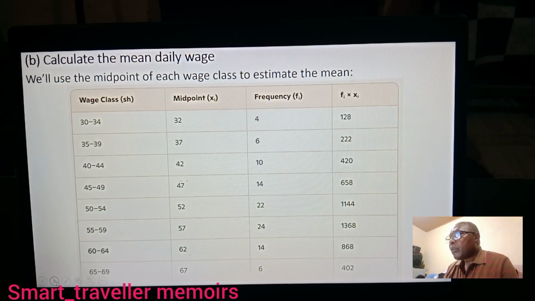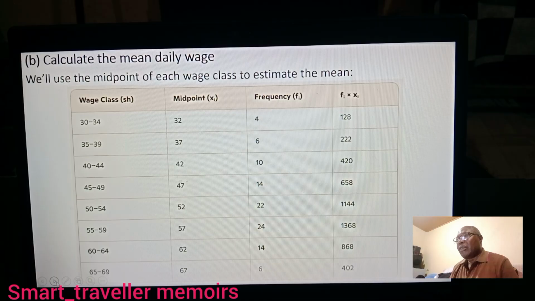So, as you can see there, the wage classes are the classes given in the question. The midpoint of the first class, 30 to 34, is 32.